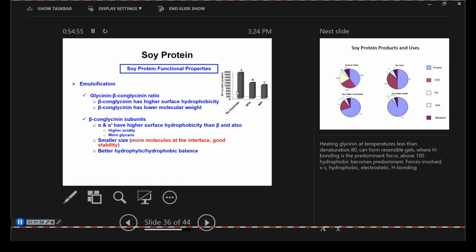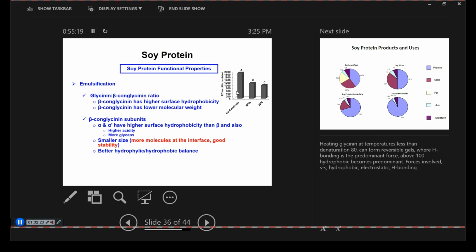So another, I think this is something done, I can't remember where I got this data, from some past work in our lab. But anyway, here we're looking at emulsification. If you have higher beta-conglycinin in there, so that means lower glycinin to beta-conglycinin, you have better emulsification.